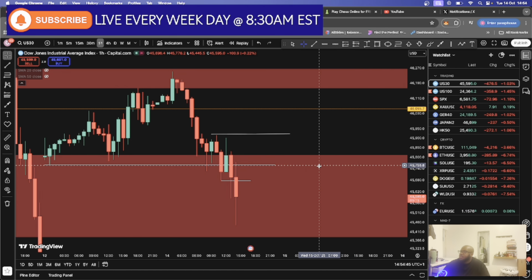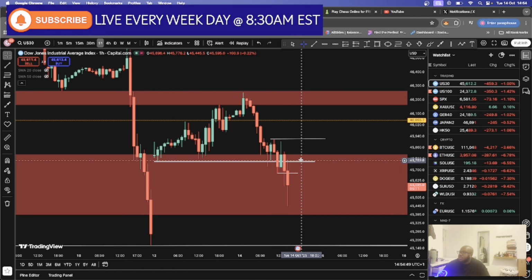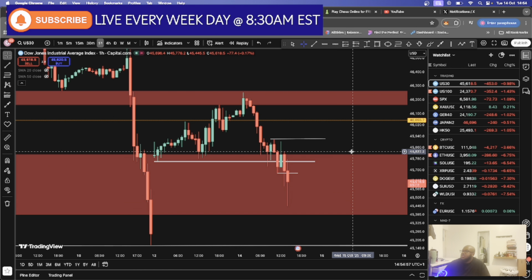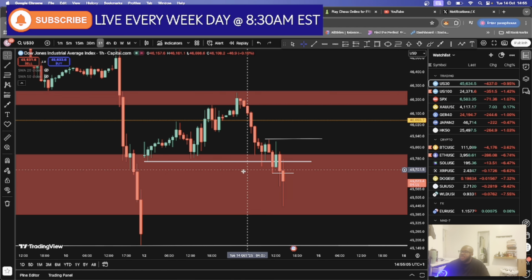This is going to be the most important part of the day. If we can get this candle to close green above our previous day's highs, which is this candle right here, we should be able to see the market begin its ascent. Another reason why you should never ever sell into a demand area.